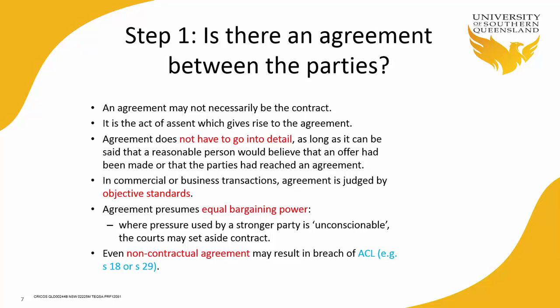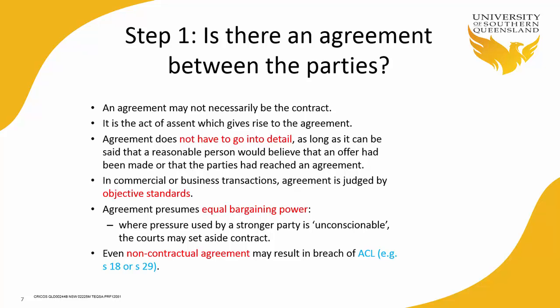Now a key point in relation to finding agreement is that there's a presumption that there's equal bargaining power between the parties to the agreement. So assuming that both parties can actually bargain for whatever is best for them, the optimal position for them, they could achieve that through agreement through this bargaining process. Sometimes of course that's not necessarily true in relation, for example, to someone who's a consumer bargaining with a huge corporation.